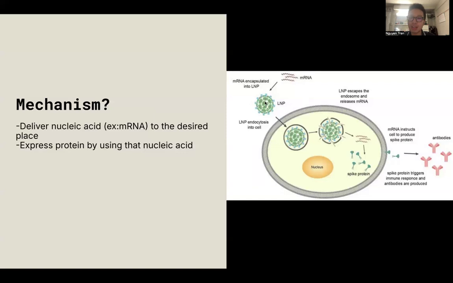So basically its mechanism is very easy. After it enters the cells through the cell membrane, the outer layer will be gone, the inside will be released and will be translated into our necessary protein.